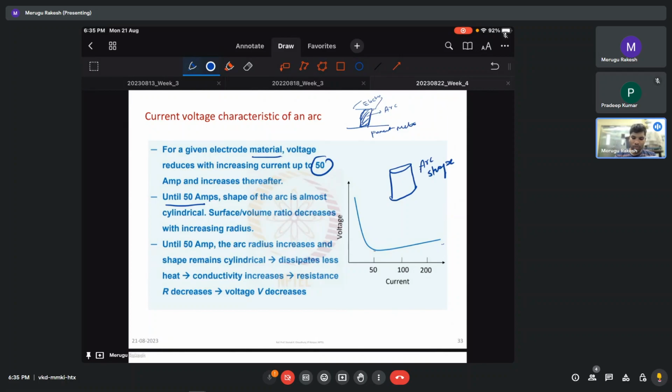So the surface to volume ratio decreases with an increase in radius. If you look at the surface to volume ratio, the surface area is 2 times pi d squared over 4 plus pi d into h, divided by the volume.